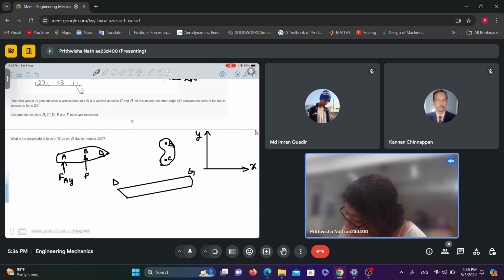This is FBY, this is FBX. Similarly, for point D, I'm assuming the reaction forces to be in the positive direction of the coordinate axis.